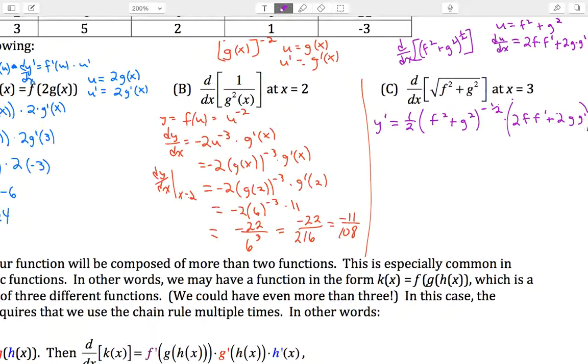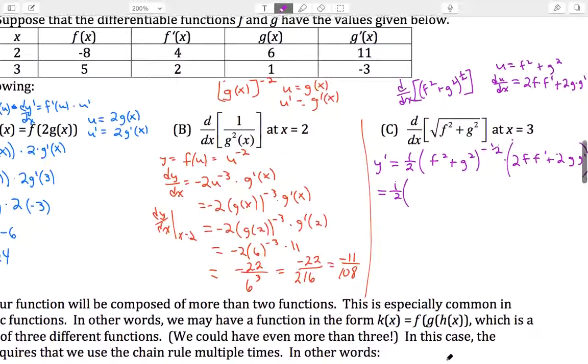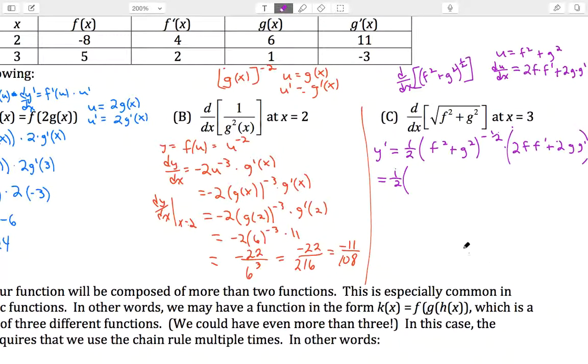Now we're going to plug in numbers. Can we plug numbers straight into this? Sure, you can go ahead and put numbers in. So what is f at 3? It's 5. And then squared, so that'd be 25 plus 1, right?